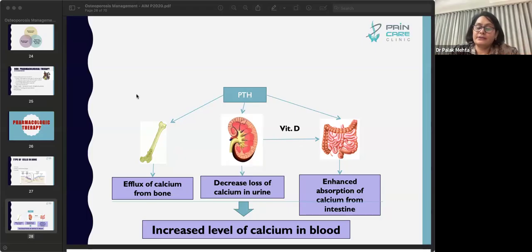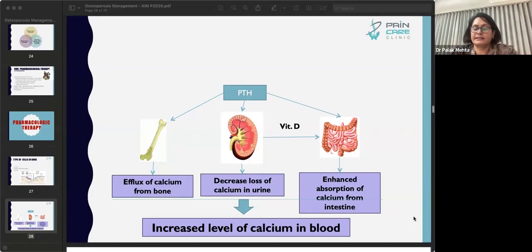So to maintain the normal calcium level in the blood, if the patient is not having oral intake of calcium medicine, or there is insufficient dietary intake of calcium, there is efflux of calcium from the bone, and eventually it will make the bone weak. Next slide, please.